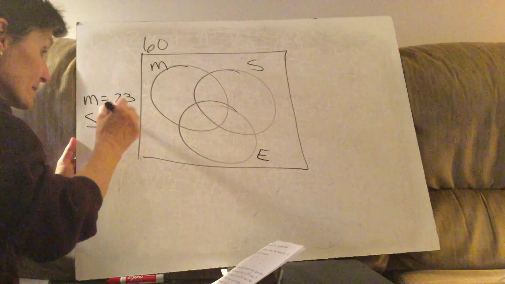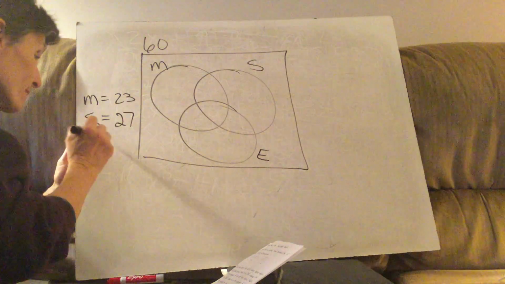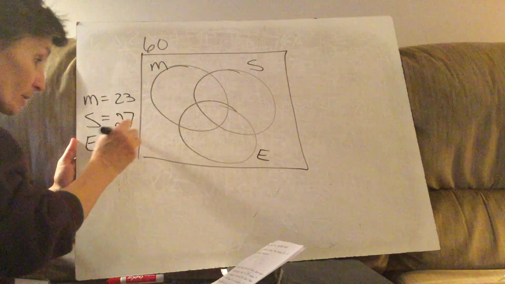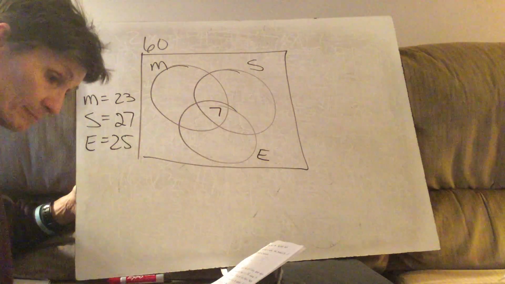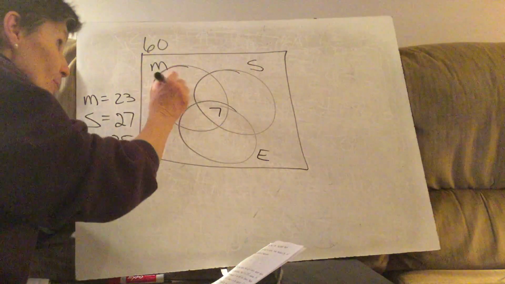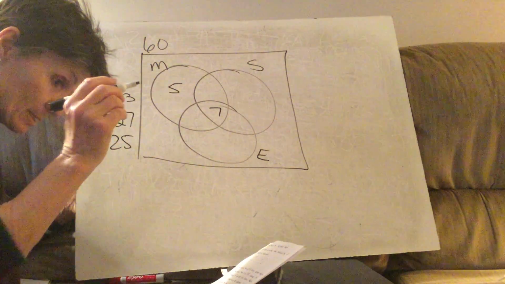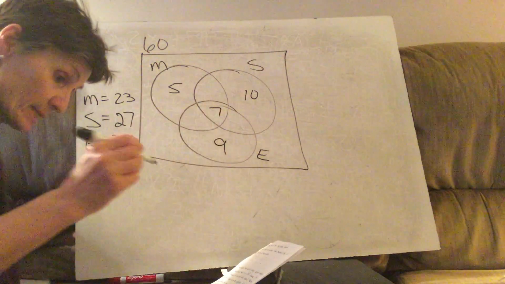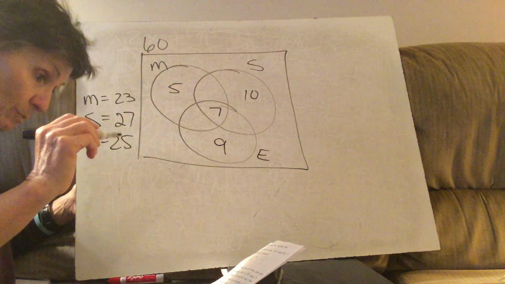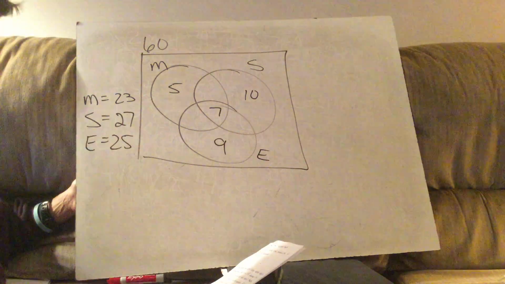And there are 27 sciences and 25 Englishes. Okay? 7 like all 3. 5 like only math. 10 like only science. And 9 like only English. We're going to pick a kid at random and then find the probability.